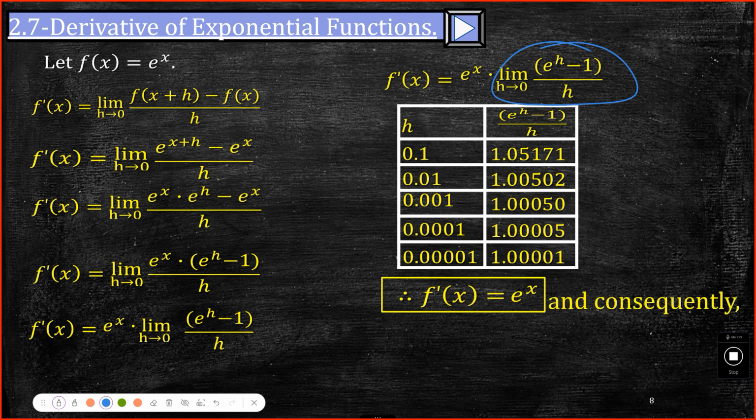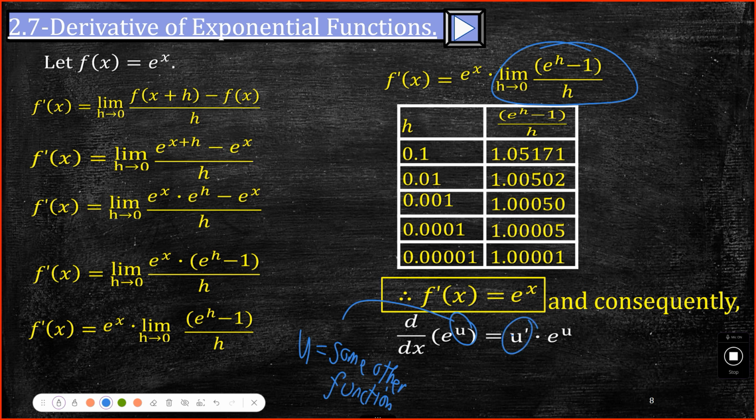Consequently, this is also true: the derivative of e to the u, where u is some other function, would be e to the u times the derivative of that function u, whatever that is. So it's going to be the derivative of that function times e to the u. And we'll do some examples of this in a minute.